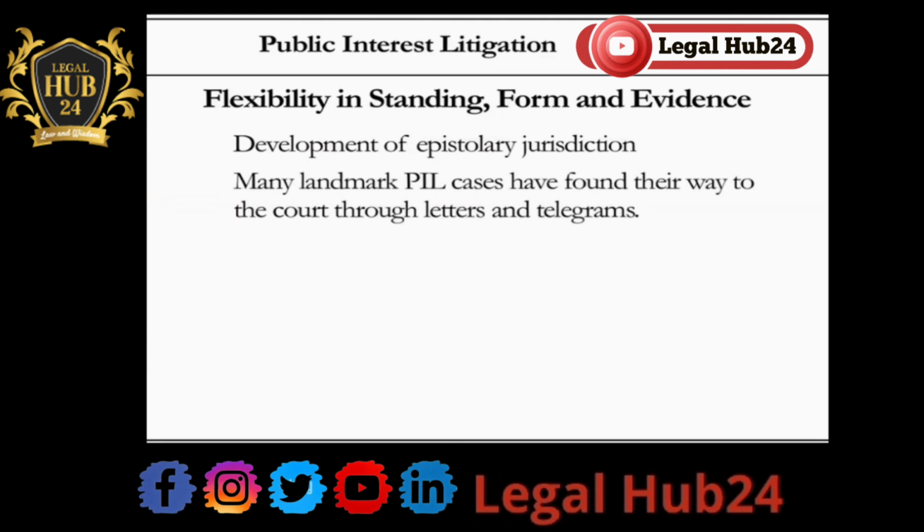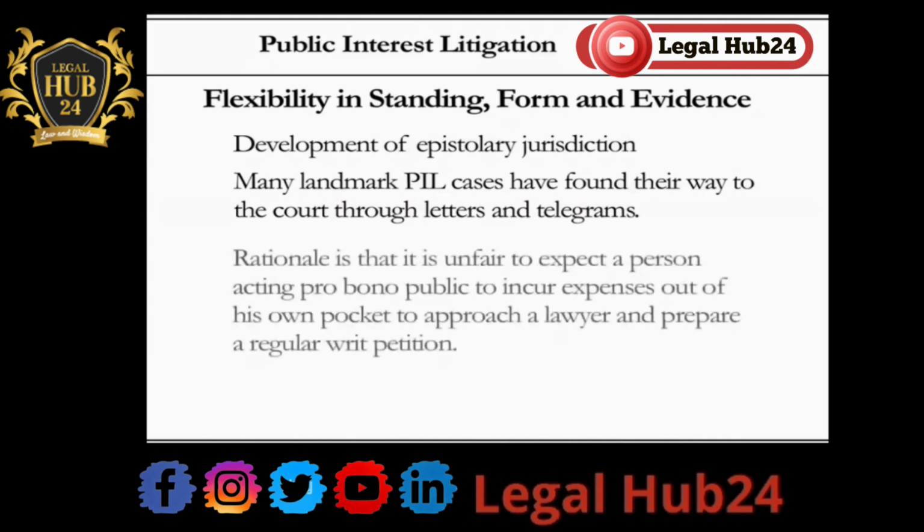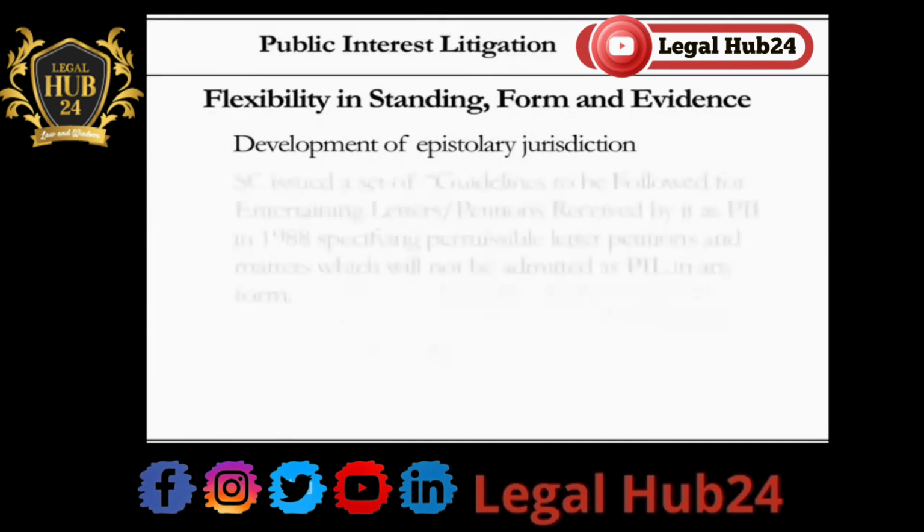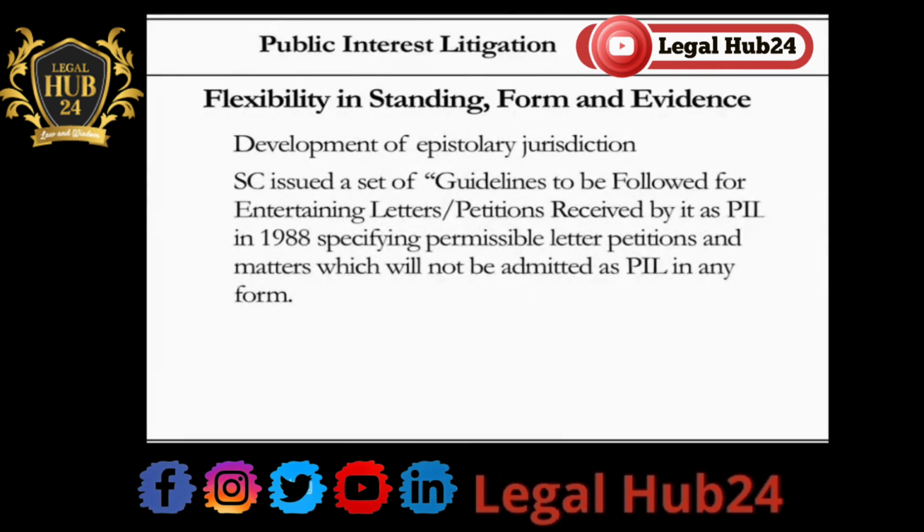The acceptance of such cognizance was reasoned by Justice Bhagwati in Bandhua Mukti Morcha on the ground that it is not right or fair to expect a person acting pro bono publico to incur expenses out of his own pocket to approach a lawyer and prepare a regular writ petition. In response to the objection of gross impropriety in the petitioner choosing the presiding judge himself, the Supreme Court issued a set of guidelines in 1988 to be followed for entertaining letters or petitions received by it as PIL, specifying permissible letter petitions and matters which will not be admitted as PIL in any form.